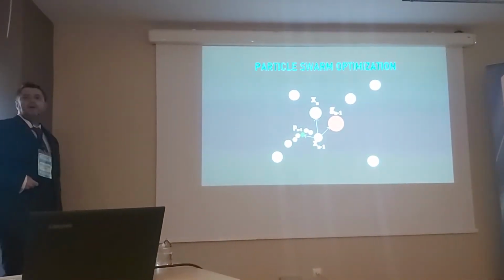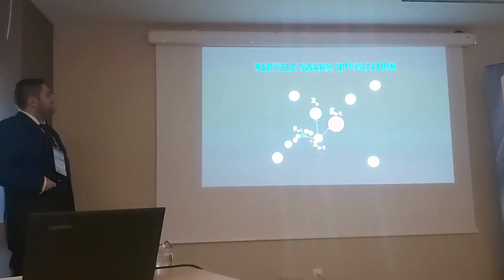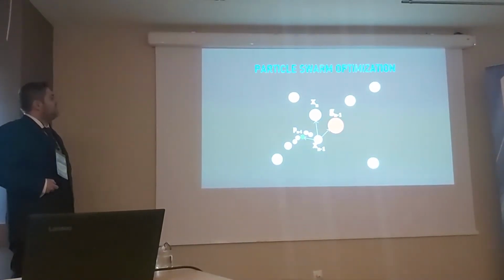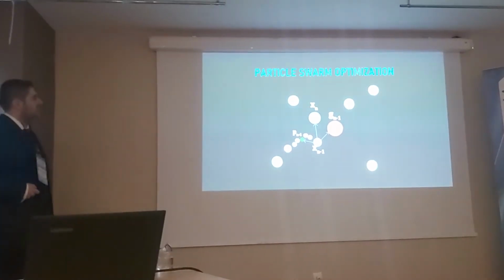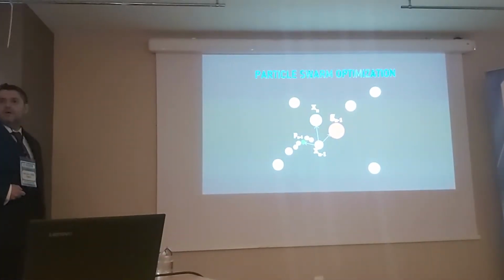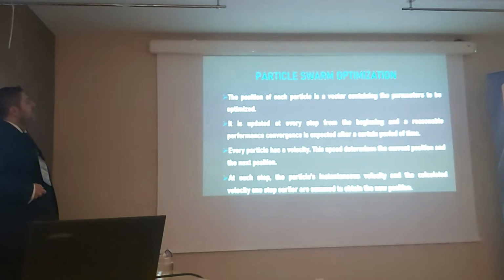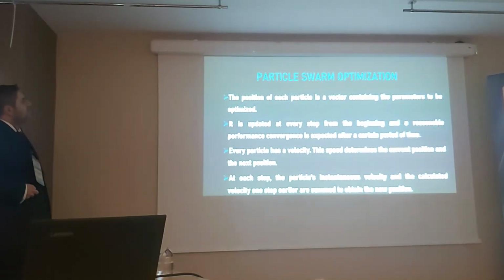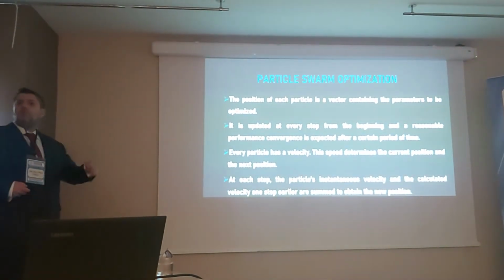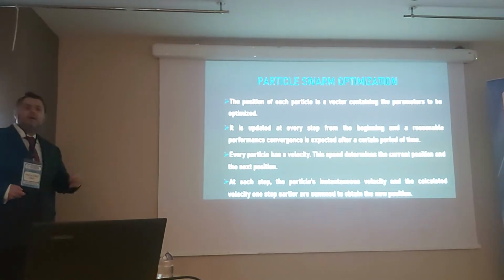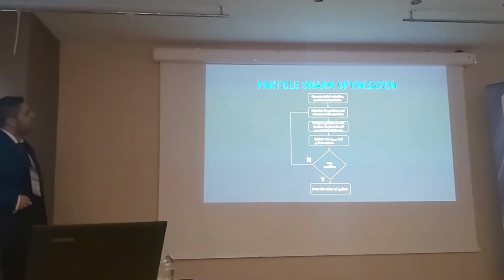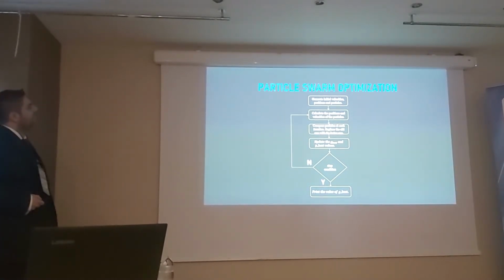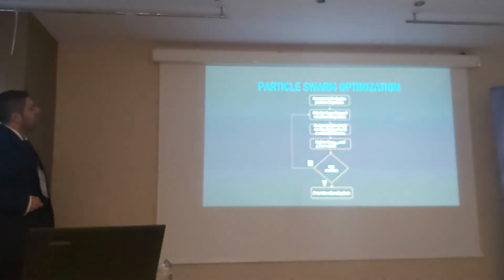We are using these three pieces of information to find the next optimal point of the particle. It's an iterative method, so the position of each particle is computed iteratively for each iteration. Here is the flow chart of our algorithm for particle swarm optimization.